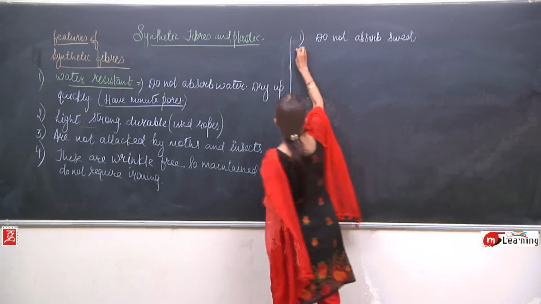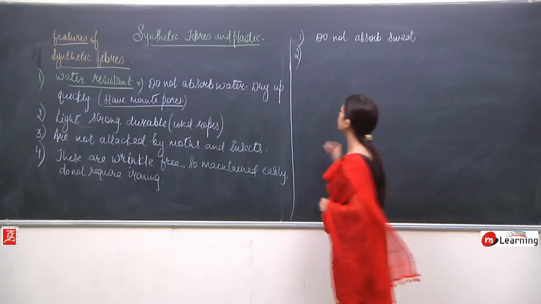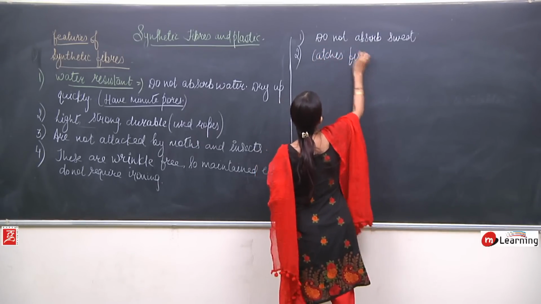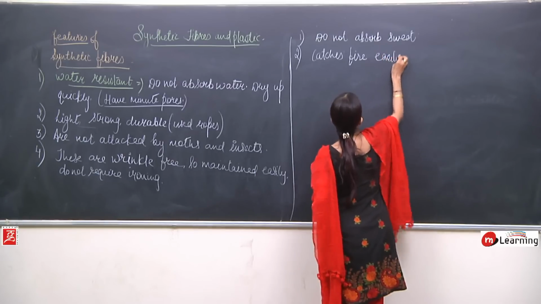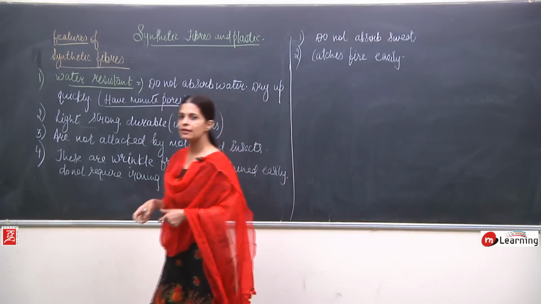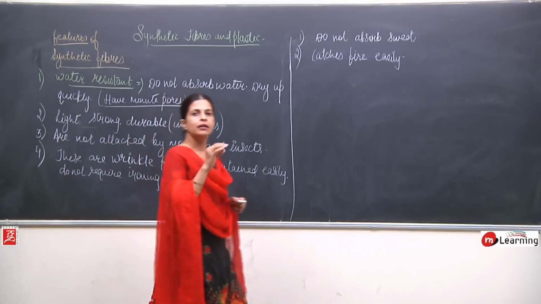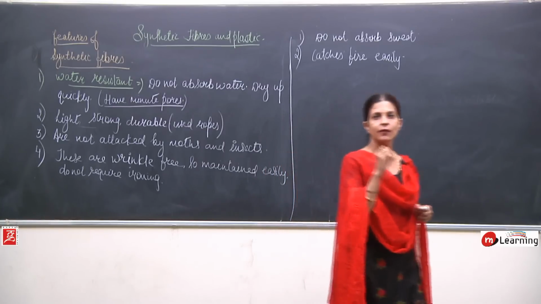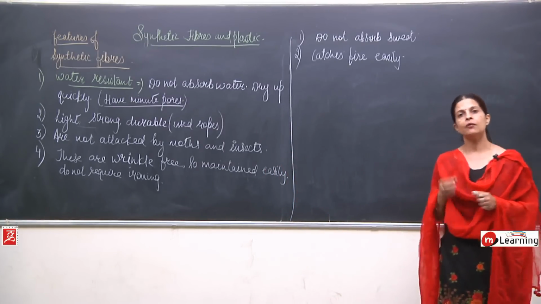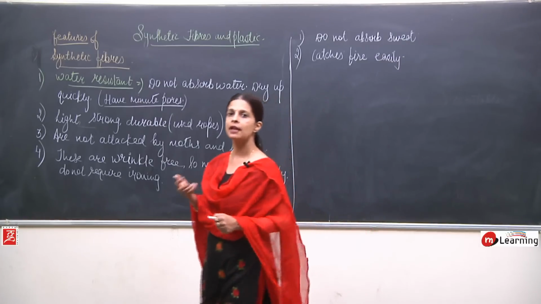Now, what can be the other negative points? It catches fire easily. Especially a few materials, after catching fire, they melt and stick to the body, and so it is strictly advisable that they should not be used when one has to work in the kitchen or at a place where the temperature is high.